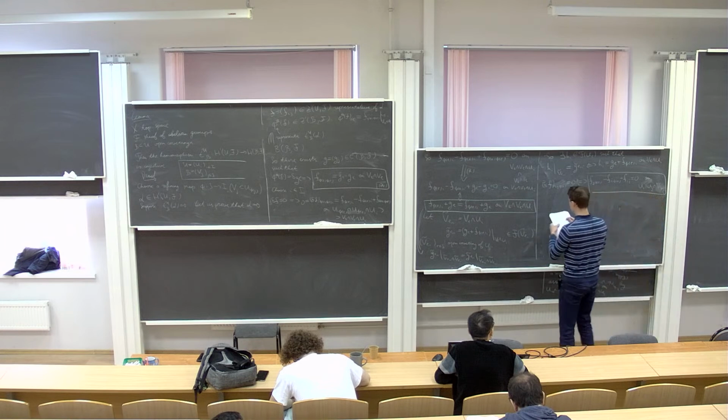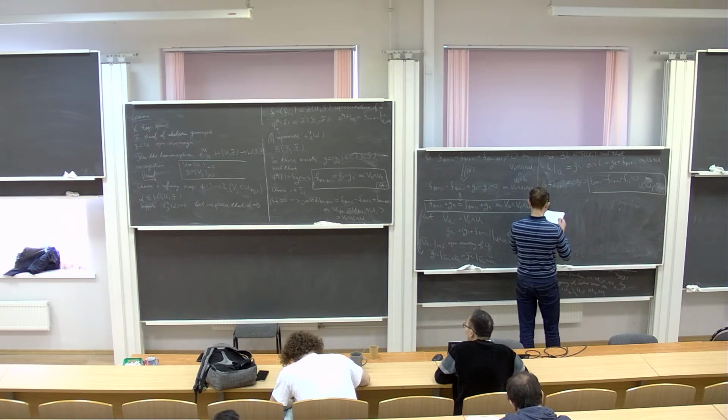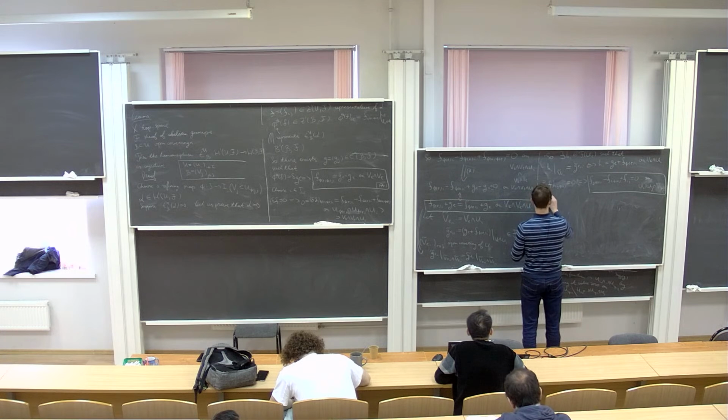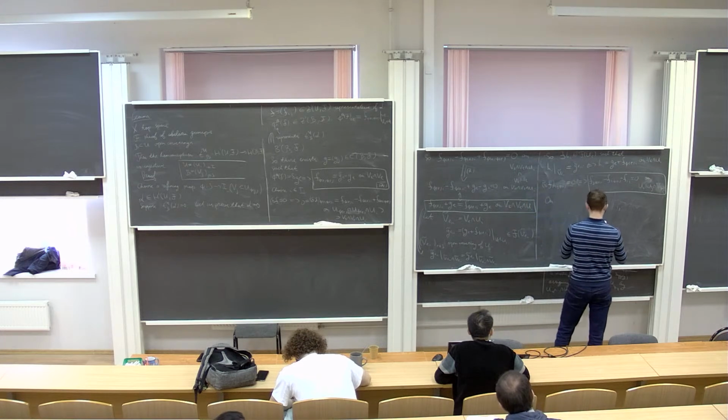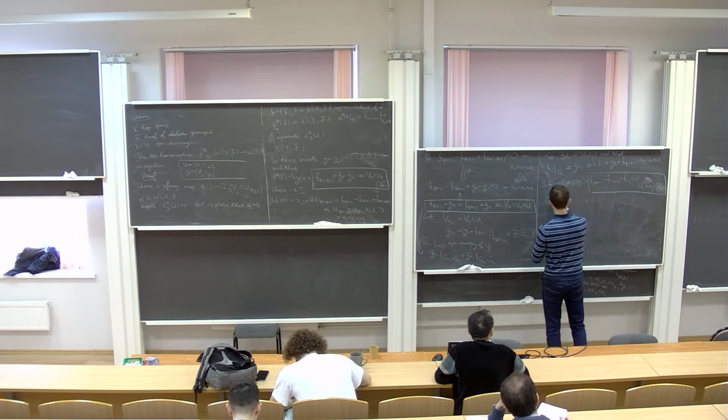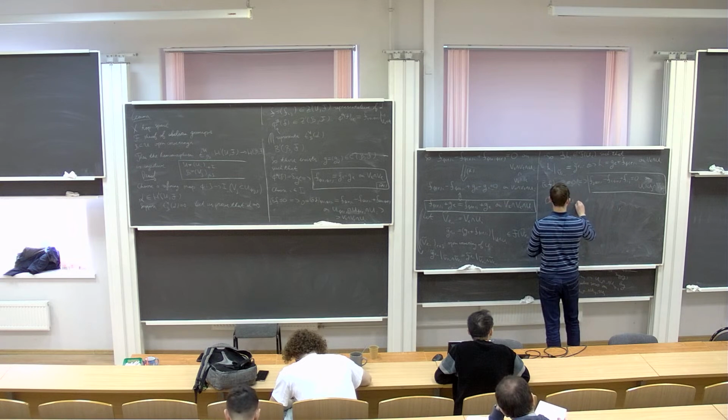So then we write this again on U_i ∩ U_j ∩ V_k.